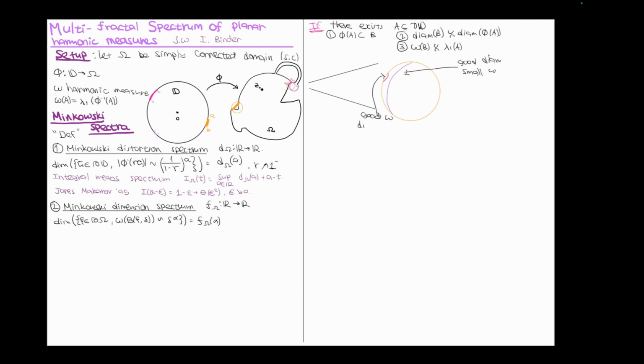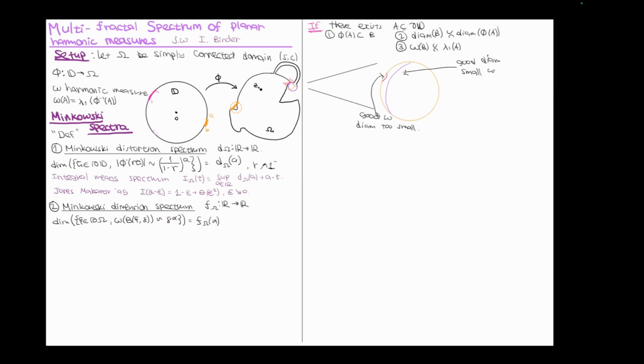But the diameter is too small. And if I increase the diameter, my harmonic measure is going to explode. So in a sense, if I choose the purple arc, then I'm counting this disk in the wrong alpha, because the alpha should be much, much bigger.